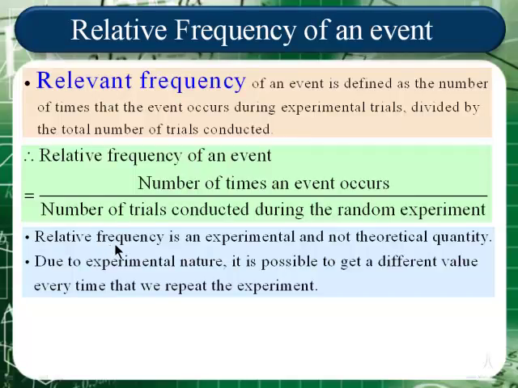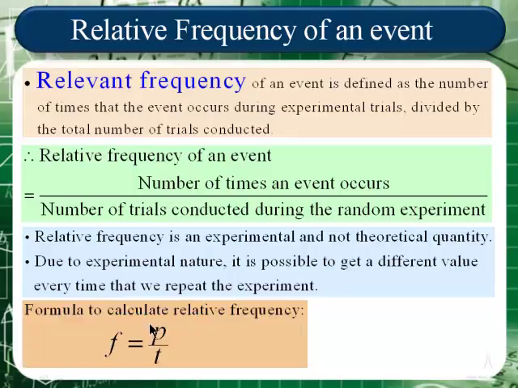Now, relative frequency is an experimental quantity and not a theoretical quantity. Due to the experimental nature, it is possible to get a different value every time that we repeat the experiment.